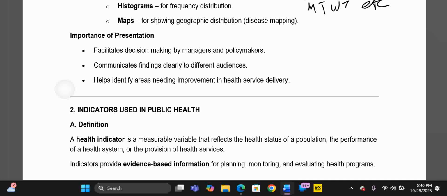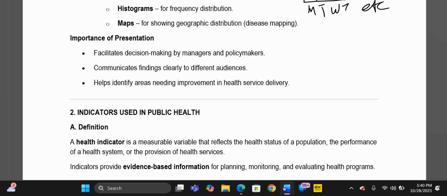And also it helps in improving health service delivery, because when we get to know by locations, by age group, individuals that need services, then we shall be in a better position to deliver to them the effective services that they deserve.